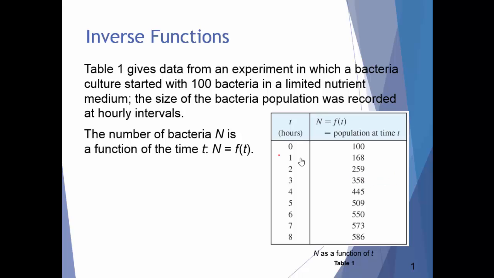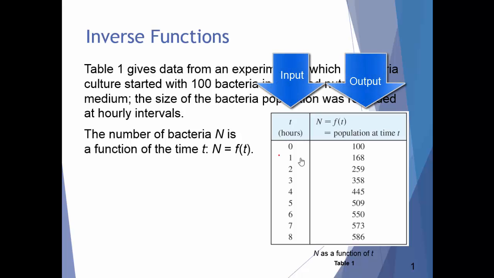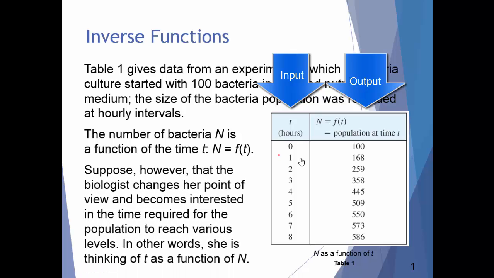There's only one. So given all of that, imagine for a moment that this is not the information that you were actually interested in. Instead of being interested in an input of time in hours and an output of number of bacteria, what if we were interested in answering a question more along the lines of, when do we reach a population of, let's say, 400 bacteria?